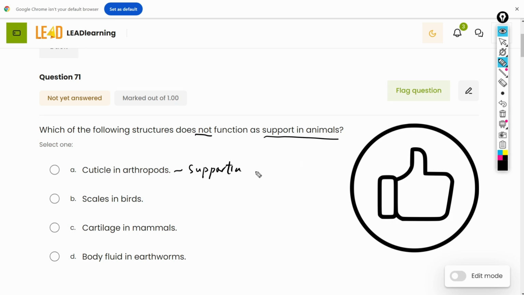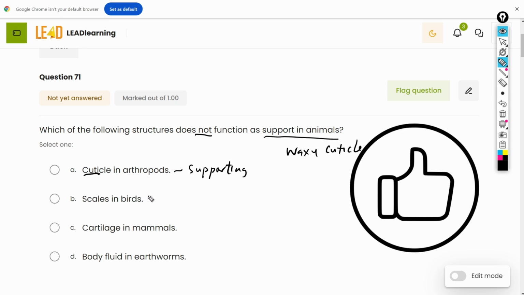Just like in plants, where desert plants have a waxy cuticle covering their leaves to protect them from loss of water, arthropods, especially arthropods in the desert, also have their own version of cuticle on their exoskeleton. This is also to protect them from the loss of water. So it is a water conservation structure, and also provides protection from mechanical injuries.